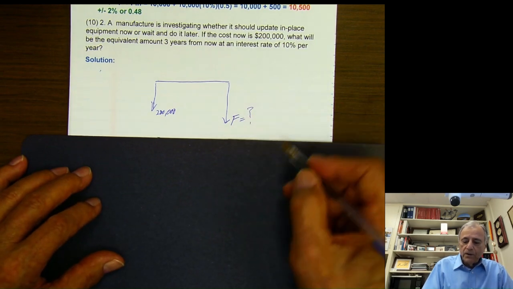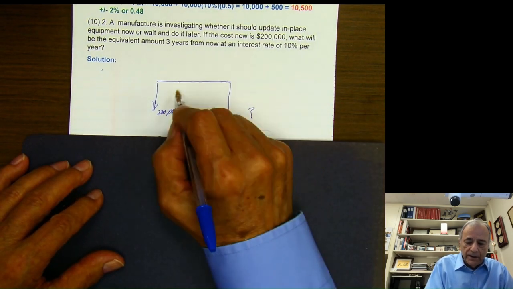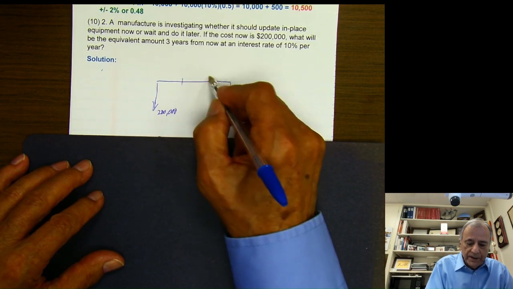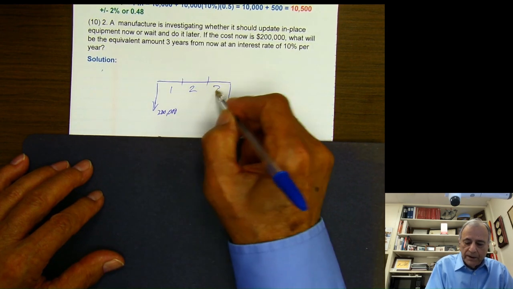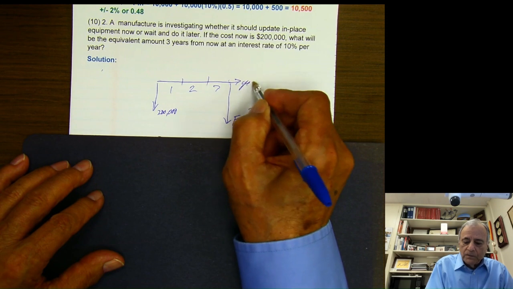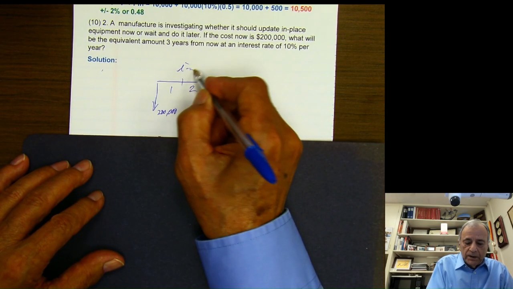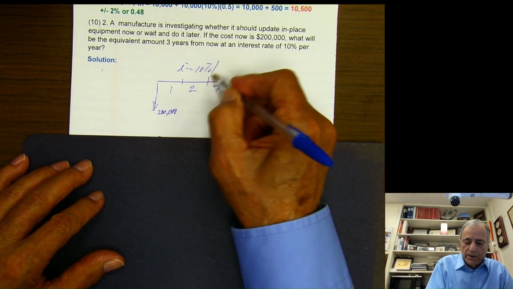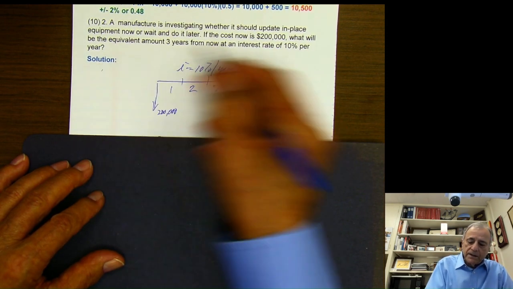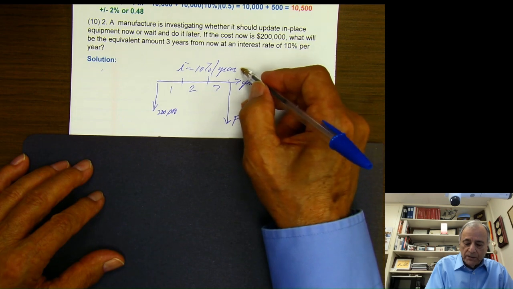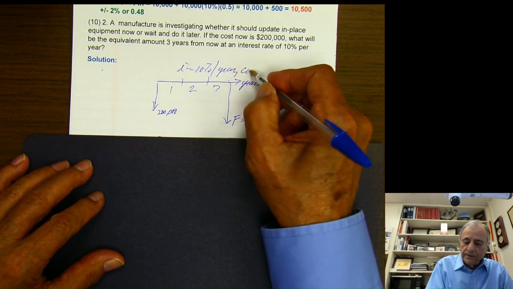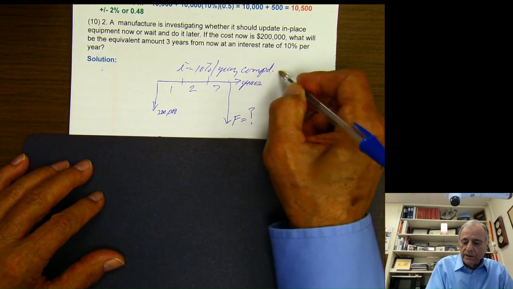And it's asking you how much is that value, and the number of periods is 3 years, 1, 2, 3, and these are years, and the rate is 10% per year. And if it doesn't state what period, then we assume compounded annually.